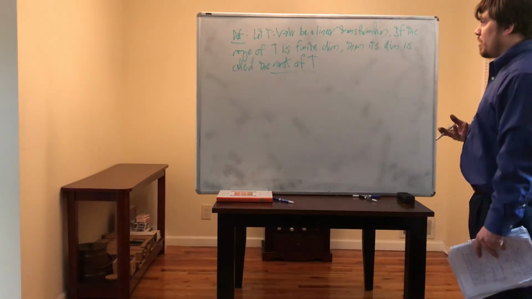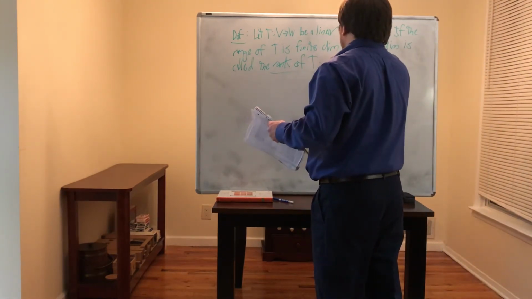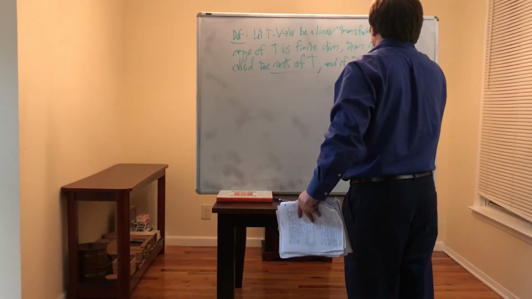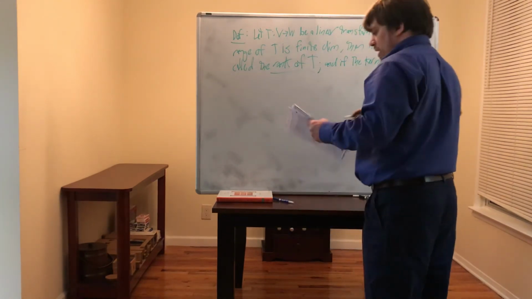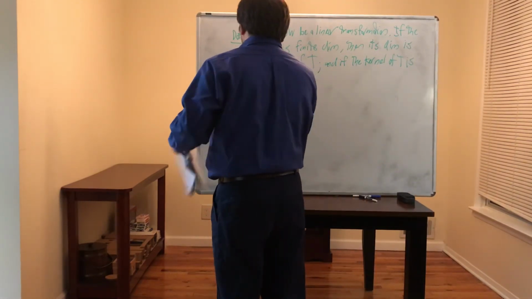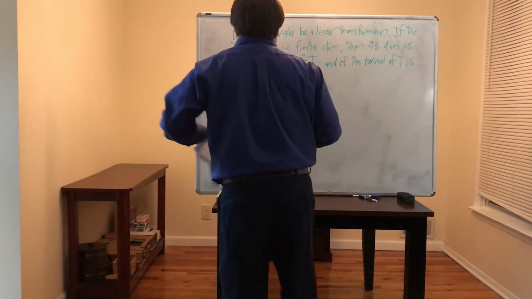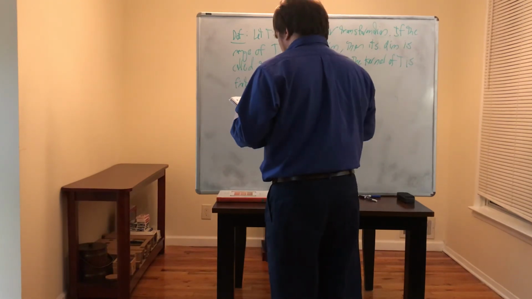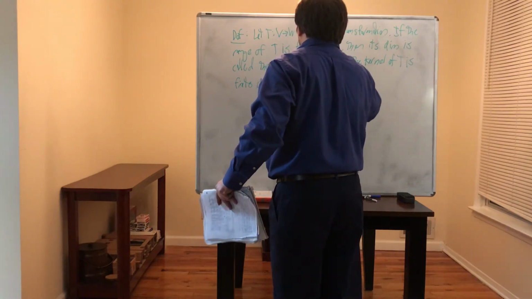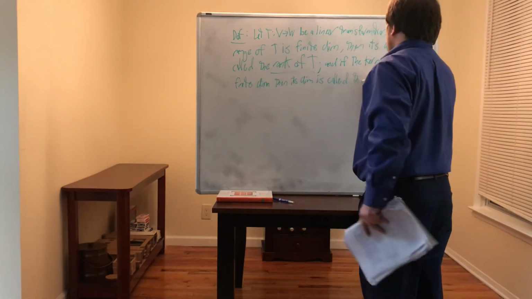If the range of T is finite dimensional, then its dimension is called the rank of T. And if the kernel of T is finite dimensional, then its dimension is called the nullity of T.